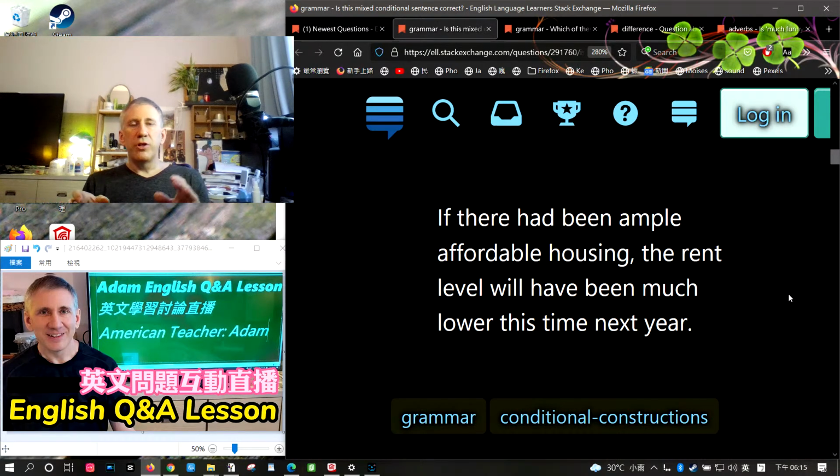And finally, we have the type 3 conditional that I was talking about in this example. For type 3 conditionals, we use present perfect or past perfect in the if clause and would have in the main clause.